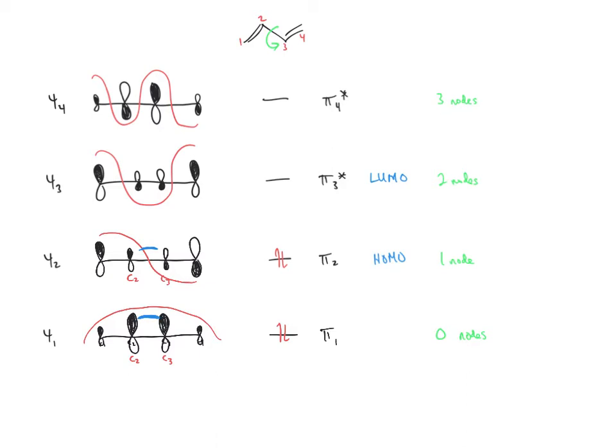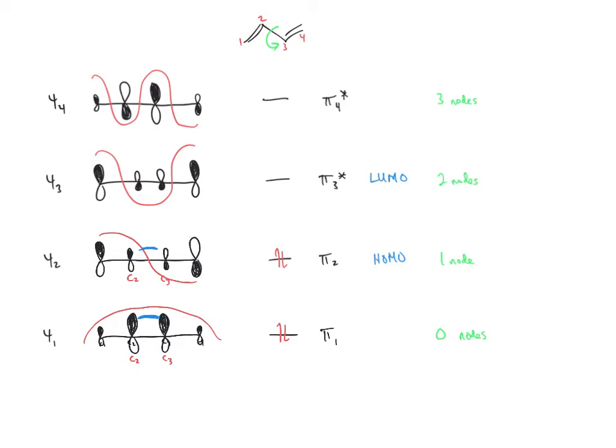However, the size of the bonding interaction, the size of these 2 lobes, is greater than the size of these 2 lobes. So you can think of this as the antibonding interaction between C2 and C3 that exists in psi2 doesn't fully cancel out the bonding interaction between C2 and C3 in psi1.